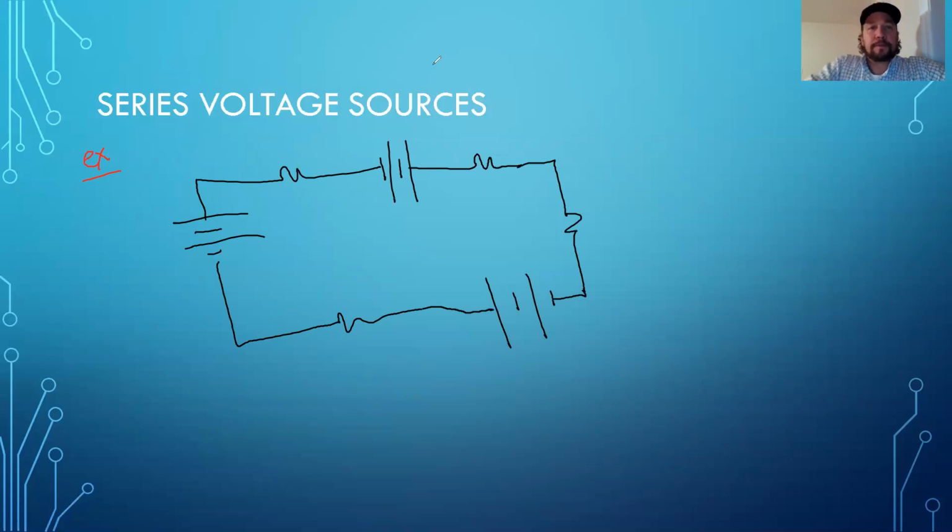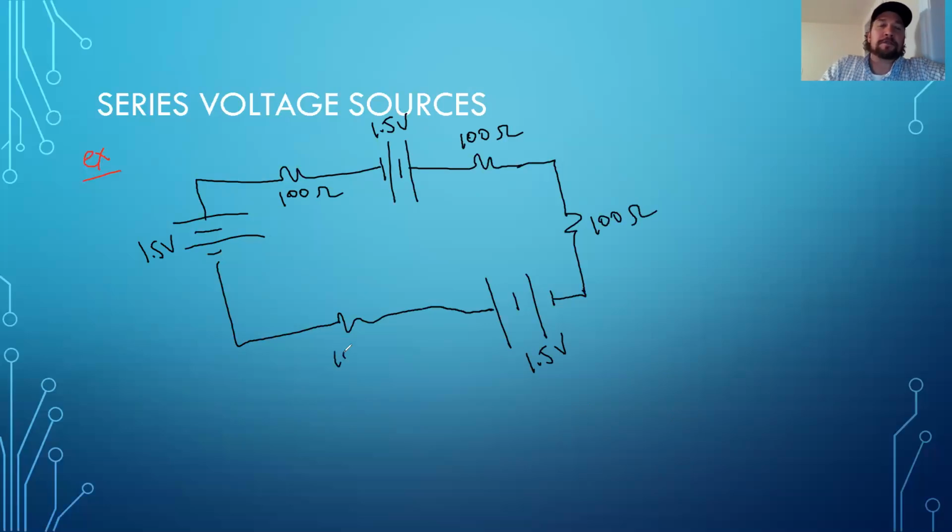So we'll say this is 1.5 volts, this is 1.5 volts, this is 1.5 volts. Say this is 100 ohms. Make this one 100 as well. Actually, I'm gonna make them all 100 just for fun, all right? And we're gonna put in the current. And so I see that on all our batteries, I've got the plus or minus kind of going in this clockwise direction.